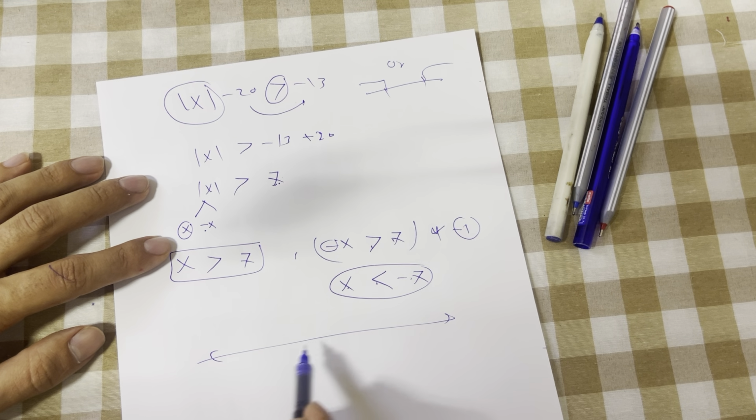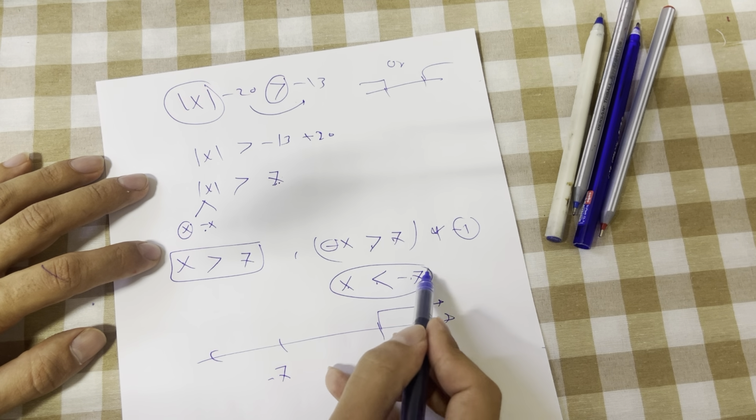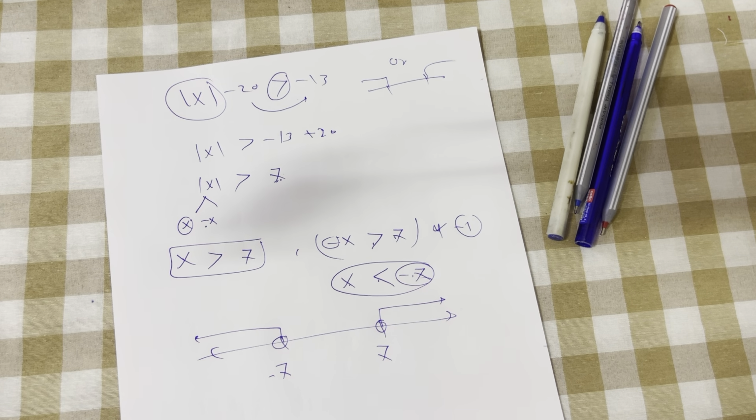Now draw on the number line, we have negative 7 and we have 7. 7 is greater than, so I have to go to the right, and negative 7 is less than, so I go the other way. We don't include both points, so we have to make an empty circle. Okay, it's like that.